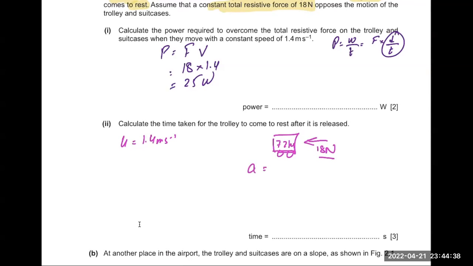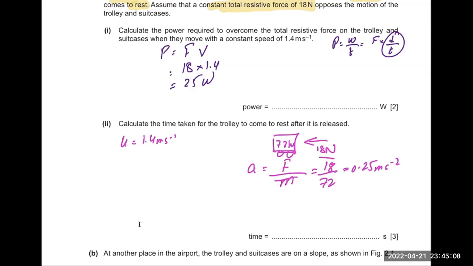So acceleration is force upon mass, 18 over 72, my bad. F is equal to MA, A is equal to F over M, 18 over 72, which is equal to 0.25 meters per second squared.